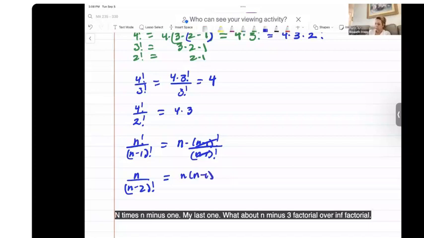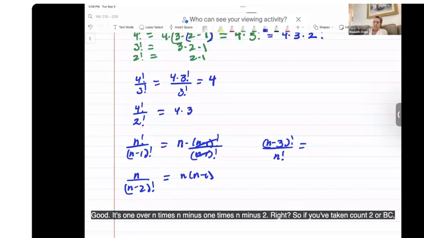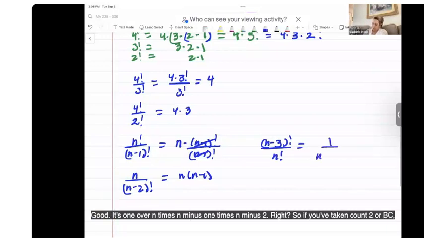What about n minus 3 factorial over n factorial? Good. It's 1 over n times n minus 1 times n minus 2.